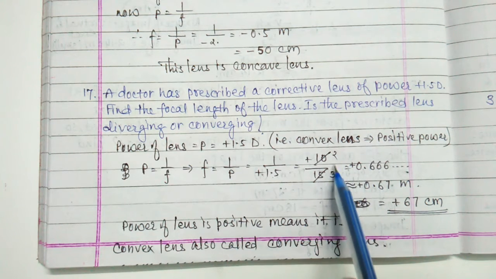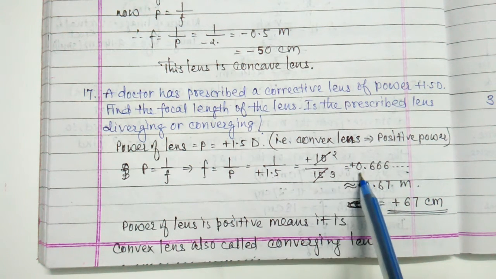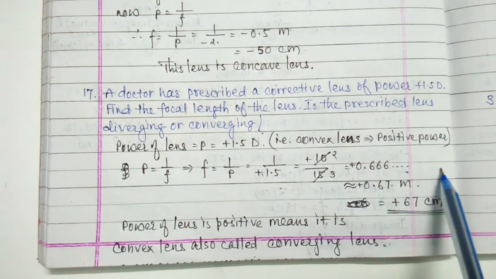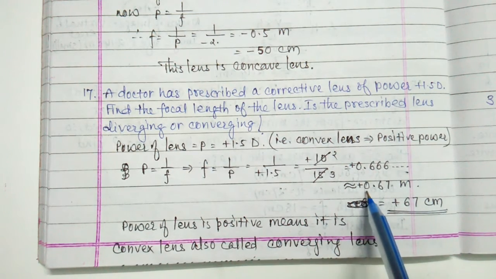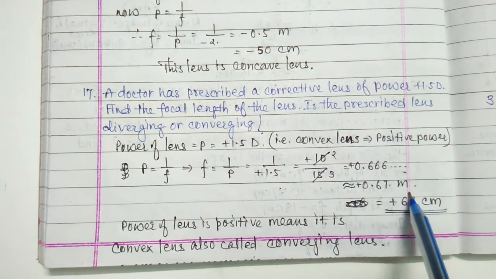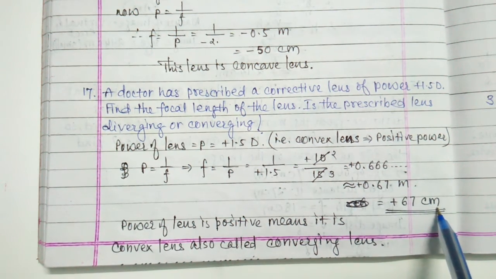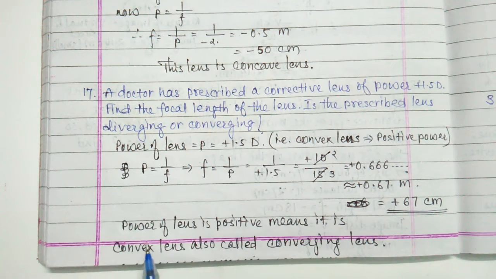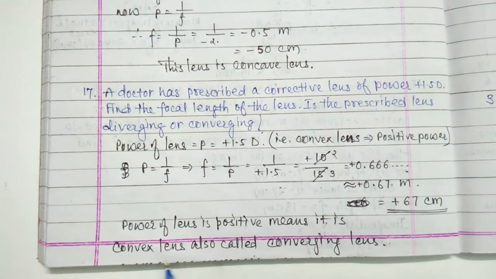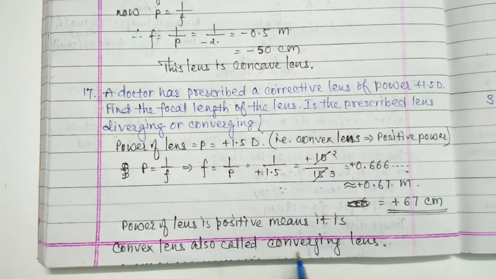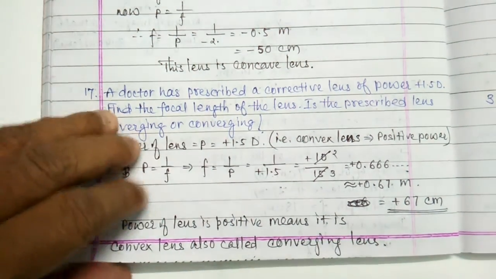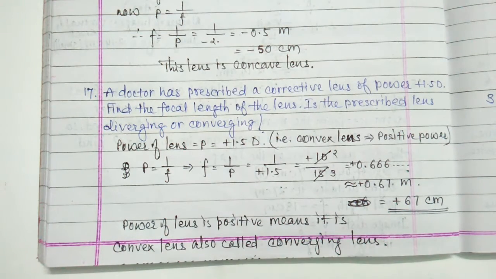The decimal of 2 upon 3 is 0.66666, a repeating number, so it is approximately plus 0.67 meter, which is equal to 67 centimeter. So the power of lens is positive, meaning it is a convex lens, also called a converging lens. So here the exercise is completed.